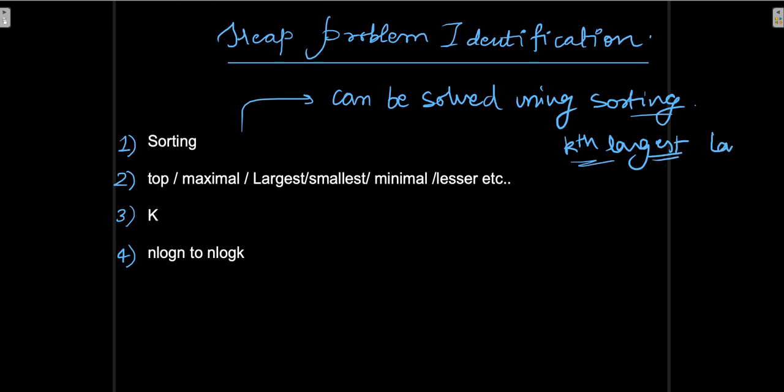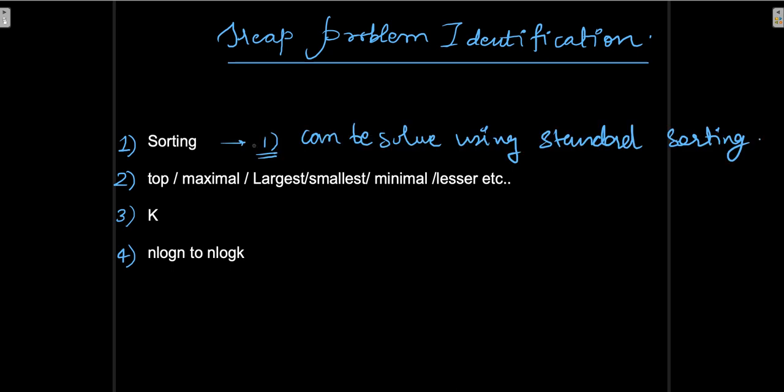Just by seeing the problem, you can know that if I sort the input integer array, then I can find the kth index, and that is how I get the kth largest element. So sorting could be one approach where the problem can be solved, and you will see sorting as one of the identification elements of a heap problem.